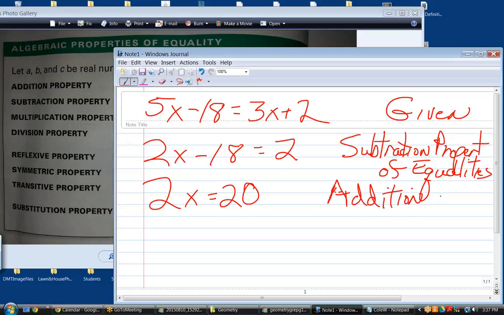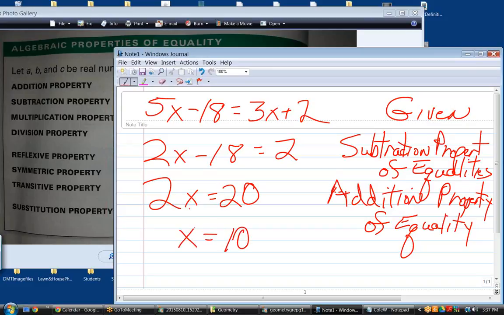Oh, good. Addition property. Yeah, it's hard because so many of these properties that you take for granted actually have a name for them. And then finally, x equals 10, and that's the division property of equalities.